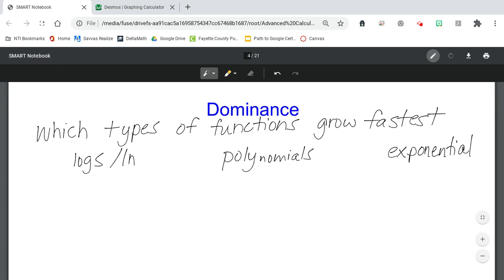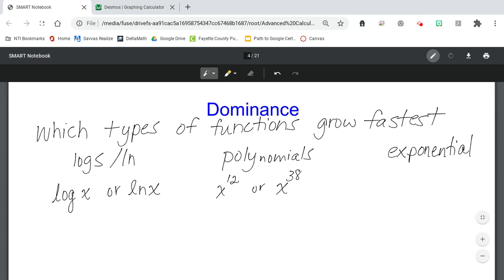And just as a reminder, logs are natural log functions. You'll know if it's a log or natural log term if you see something like the log of x or natural log of x. And you'll know if what you're looking at is a polynomial if you see an x raised to a power like x to the 12th or x squared, or maybe even x to the 38th.